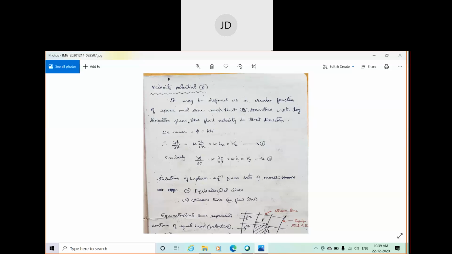The differentiation of velocity potential with respect to any direction gives the fluid velocity in that direction. I think it is simple to understand. This is all about velocity potential.